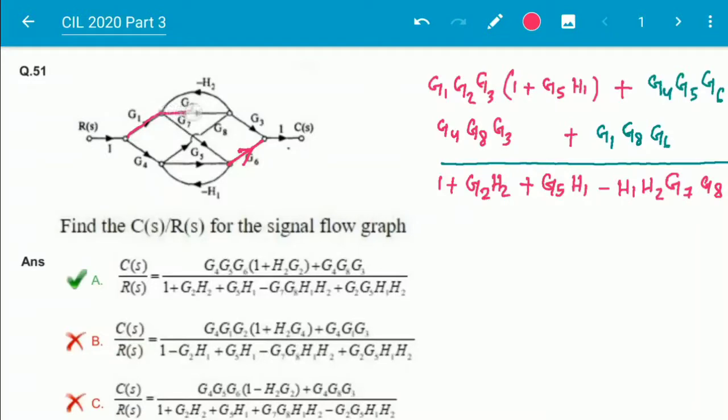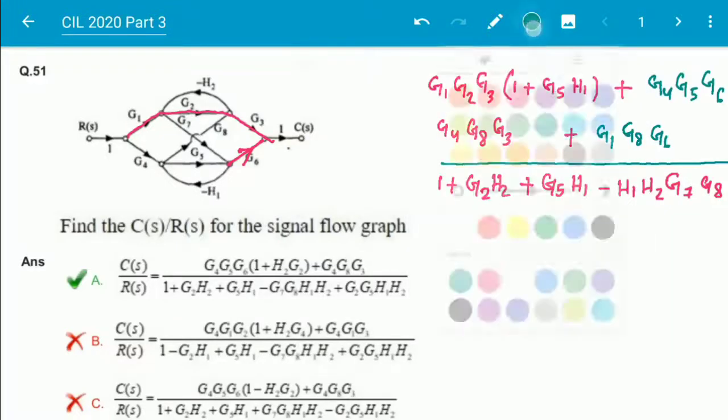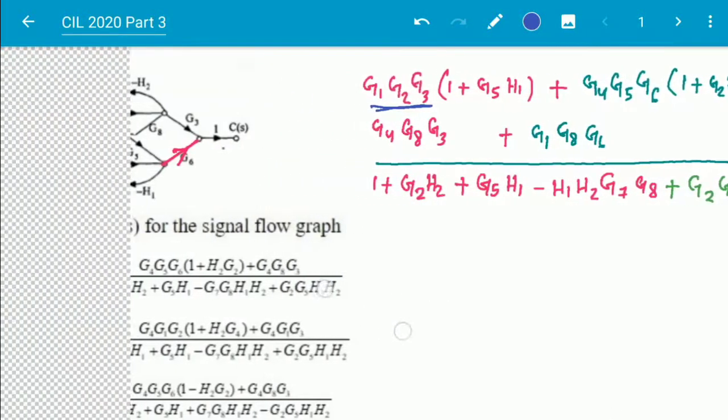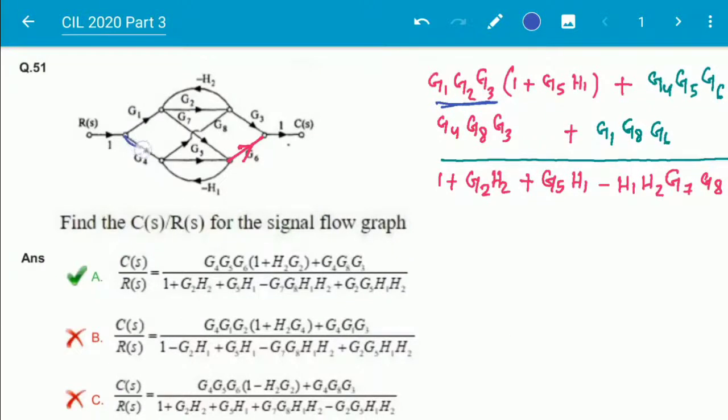The next forward path is G4, G5 and G6. This is another forward path.